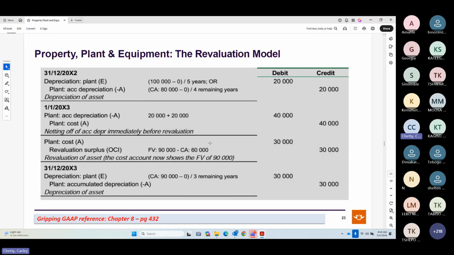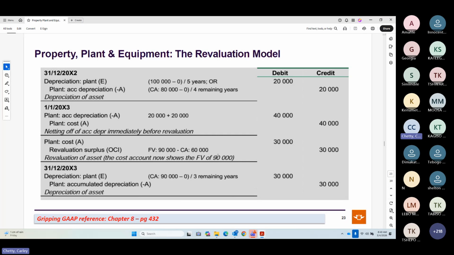This resulted in a revaluation of 30,000. So we're going to debit plant cost with 30,000, and we're going to credit revaluation surplus with 30,000. So here we are revaluing our assets. We are creating a revaluation surplus account with 30,000.